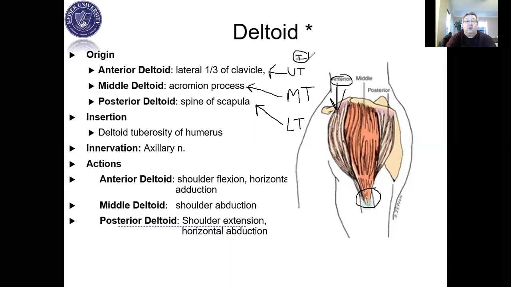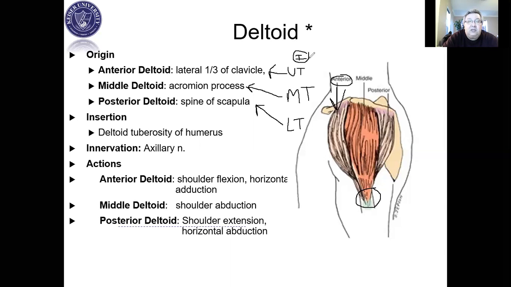All three deltoids insert into the deltoid tuberosity. Its innervation is the axillary nerve. Axillary nerve is the same as the teres minor, I believe. Teres minor also has an axillary nerve innervation.